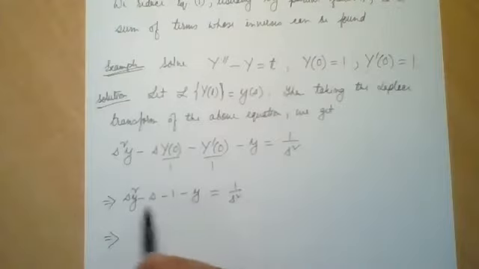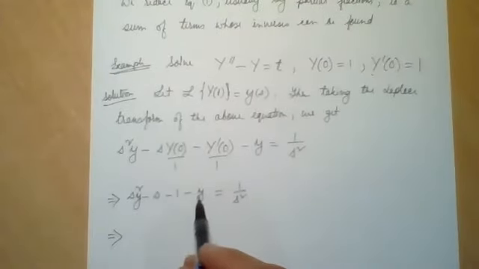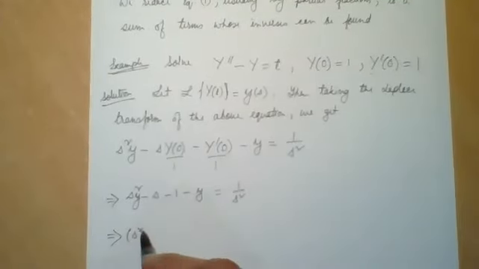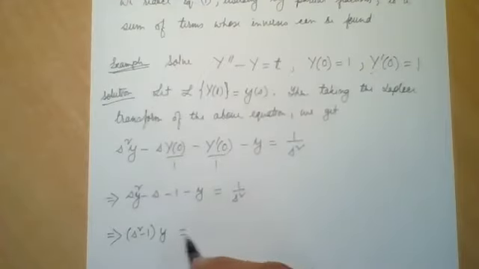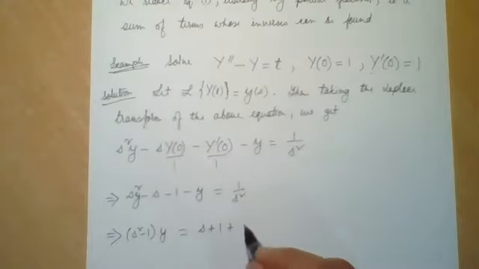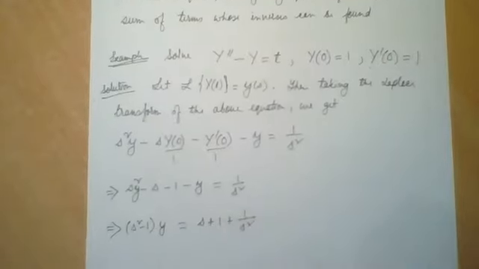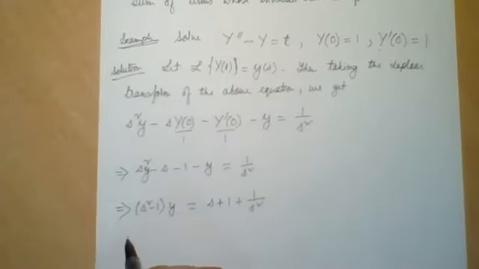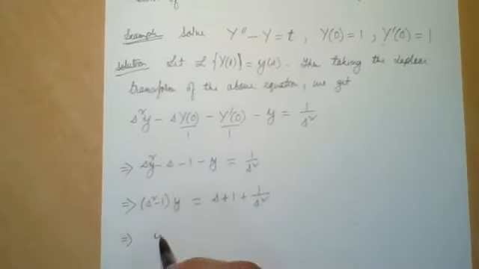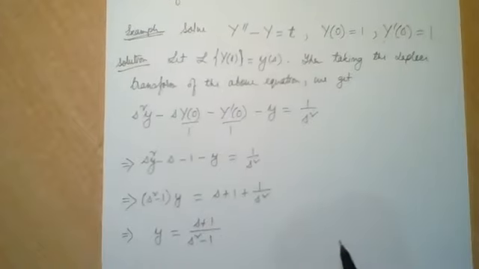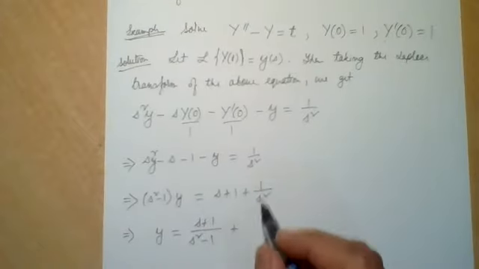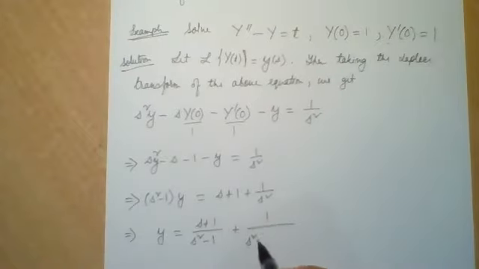Now I take terms containing y, so s square minus 1 times y, and the remaining I take towards the right. I have s plus 1 by s square. So from this I solve for y. This implies y equals s plus 1 divided by s square minus 1, plus 1 by s square minus 1.